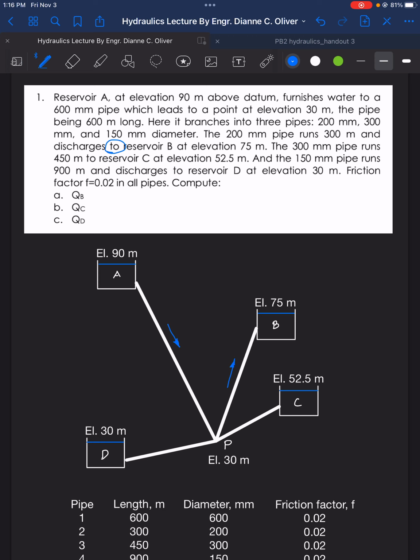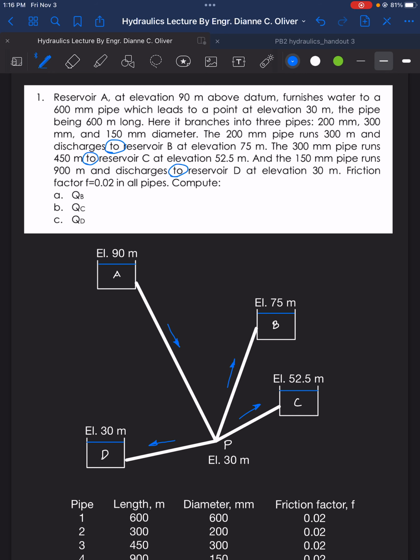And then the 300 mm pipe runs 450 meters, again to reservoir C, so this is the flow of water to reservoir C. And the 150 mm pipe runs 900 meters and discharges to reservoir D. So we have here the flow of water from P to D.